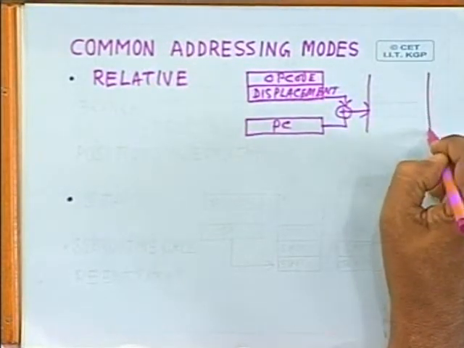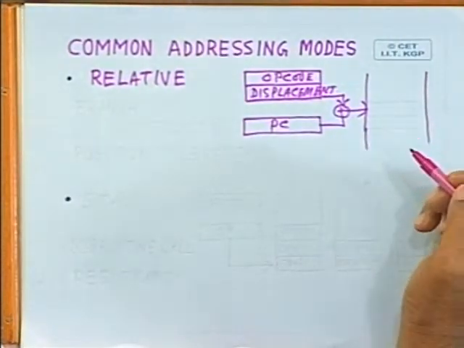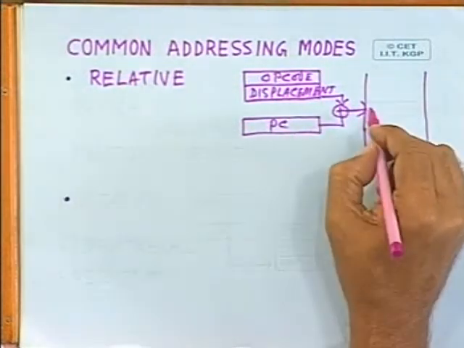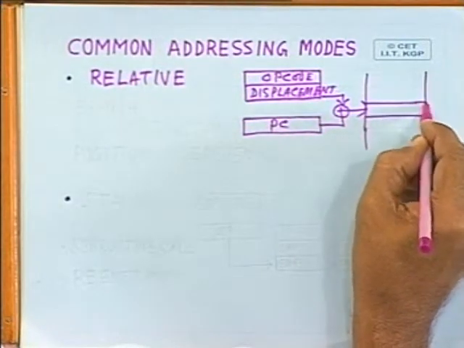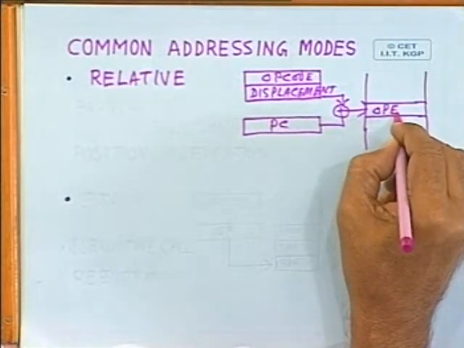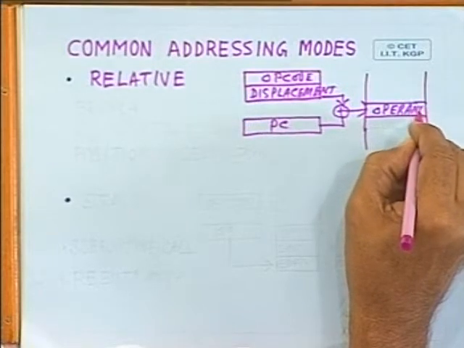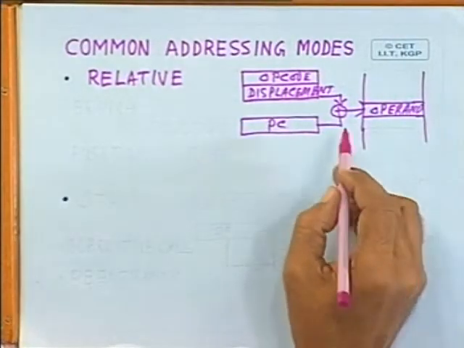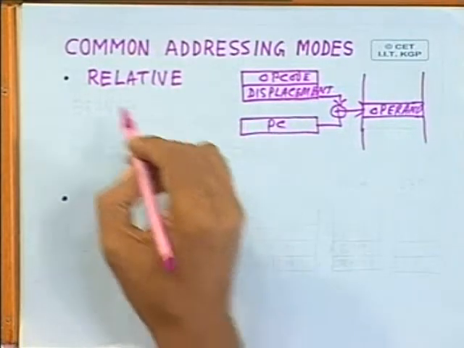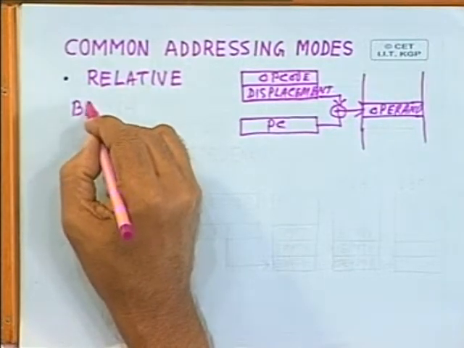So the effective address is generated by adding the displacement with the program counter to refer to an operand address. And this particular addressing mode is very popular in branch instructions.